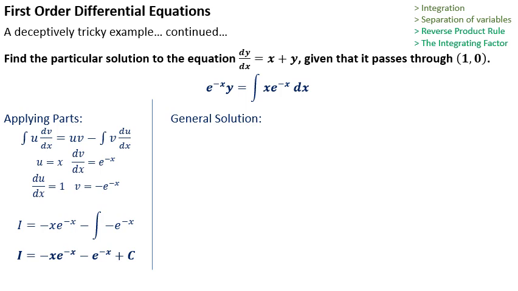This gives us the general solution. Come back to look at the original equation we were solving. We had e to the minus x y equals the integral that we were working on over there. So now we'll replace that integral with minus x e to the minus x, take away e to the minus x, plus c. I've rewritten it slightly to make it look a bit nicer, but it doesn't really matter what format you have.